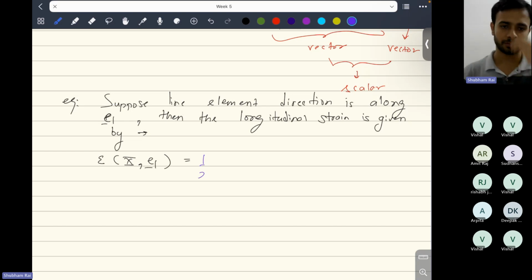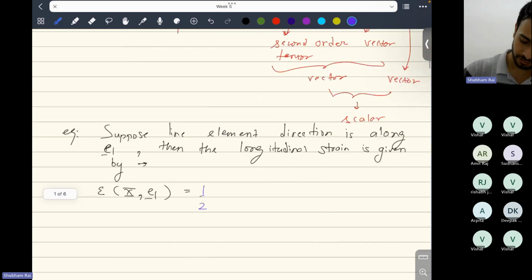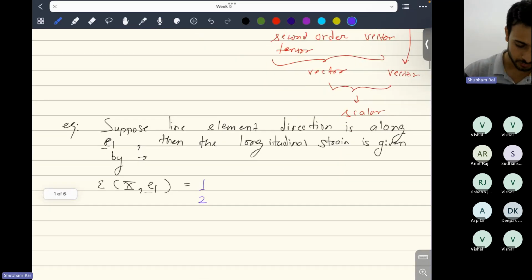Its value will be, let's put the values. That will be half of, just have to put in this expression, half of grad u plus grad u transpose.